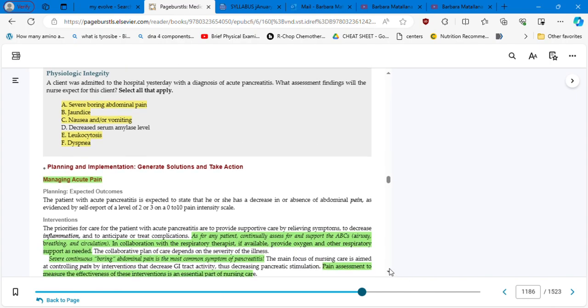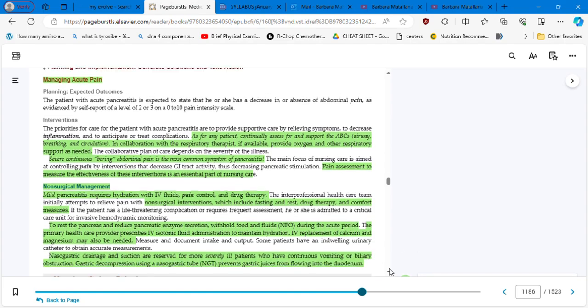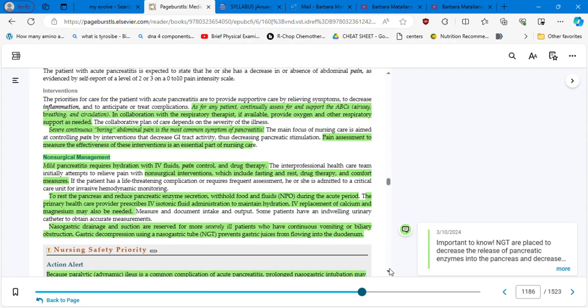So what are we going to do? We're going to manage the pain. As for any patient, continually assess for and support the ABCs first: airway, breathing, and circulation. Remember the effect of the inflammation of the pancreatitis, and how this causes deformity in the diaphragm and the space of the left lung.